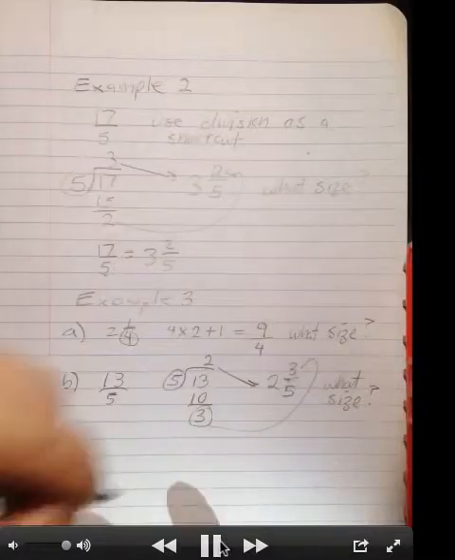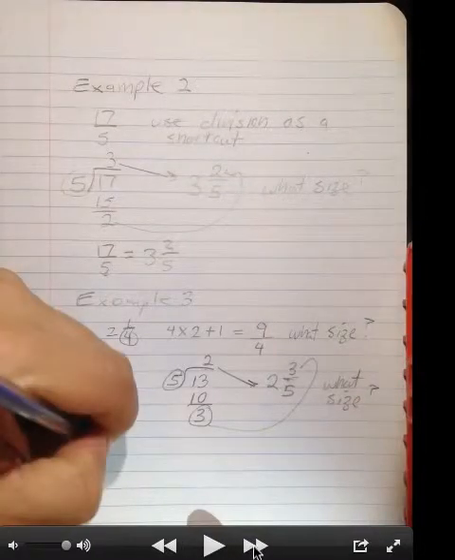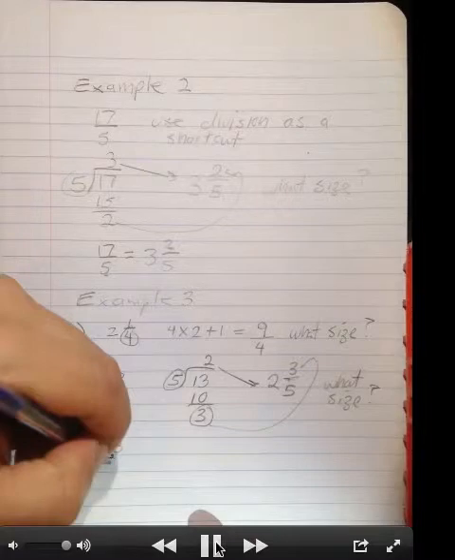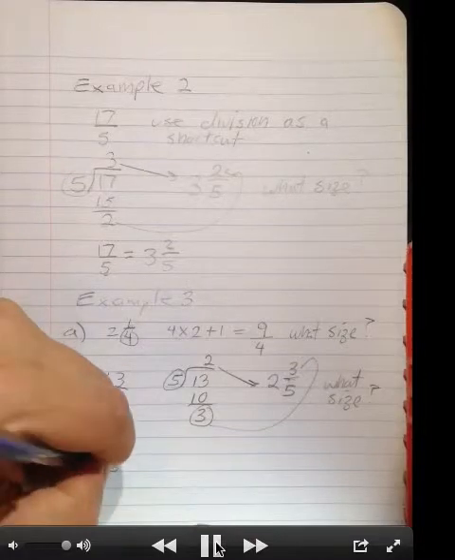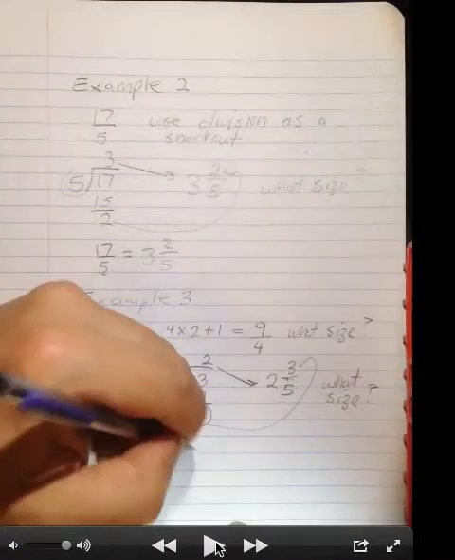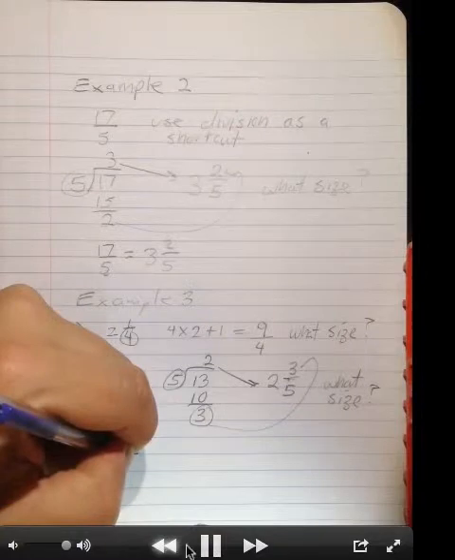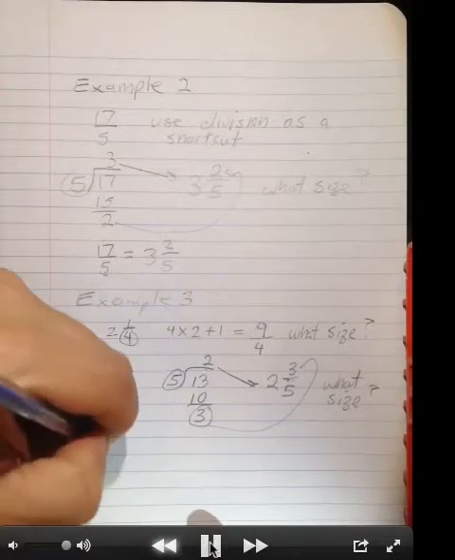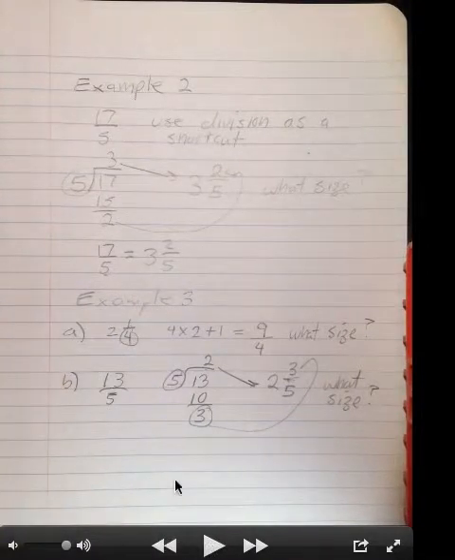They're fifths. So 13 fifths is 13 divided by 5.